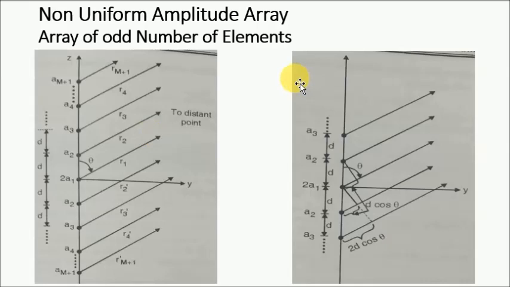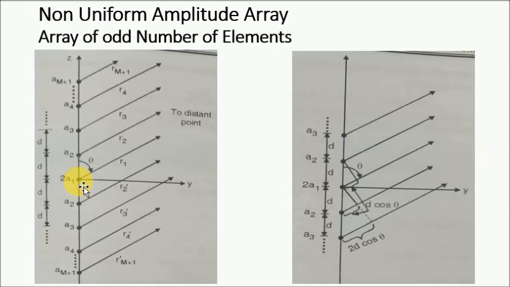Now if we consider the odd number of elements, and we place the excitations, you remember that there will be one element available at the origin. But in case of the even number of elements, at the origin there is no element.